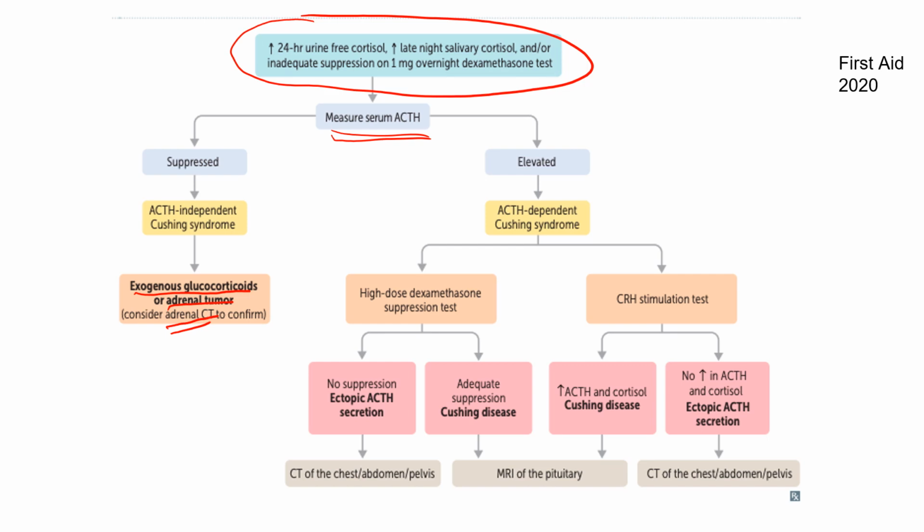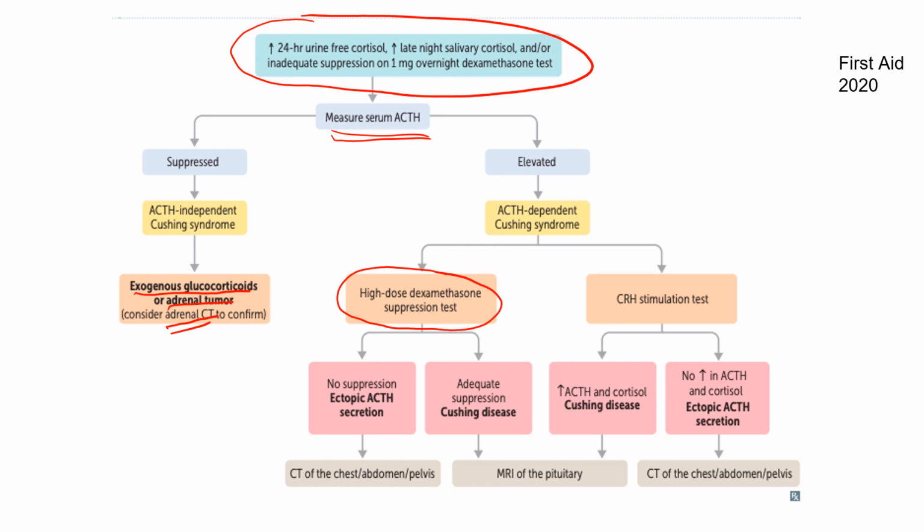And there are two main ways to determine that. One, we can do a high-dose dexamethasone suppression test. Like I said earlier, normally a low dose of dexamethasone is not sufficient to negatively feed back on the pituitary and inhibit ACTH release.